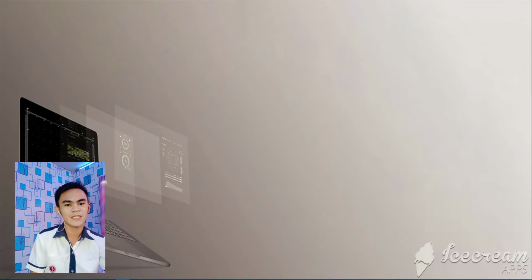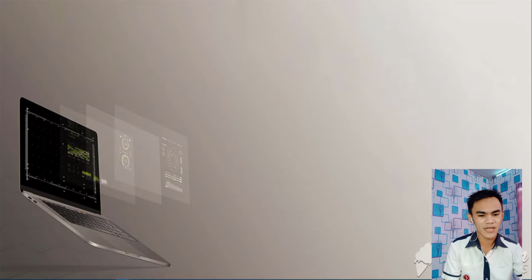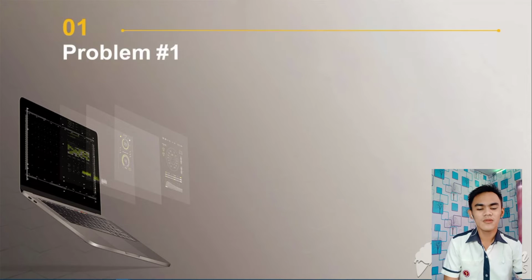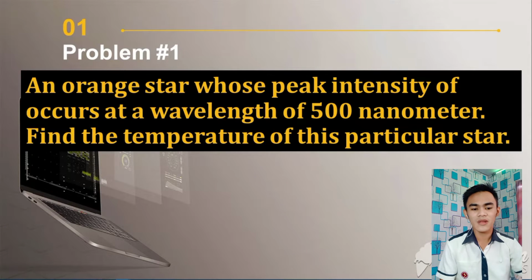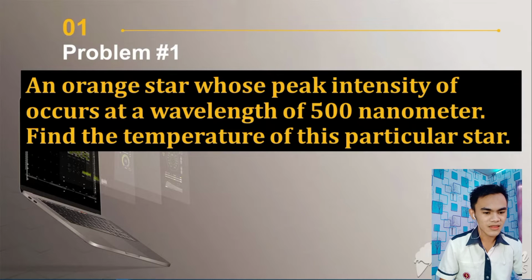Alright, so we have here our first problem. We're going to answer this one. We have here a star whose peak intensity occurs at a wavelength of 500 nanometers. So we're going to find the temperature of this particular star.